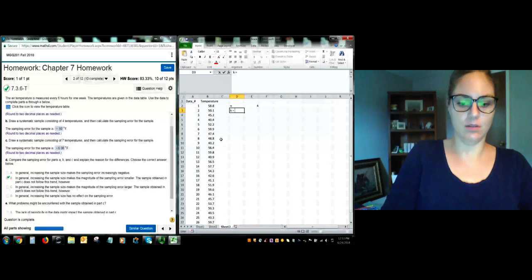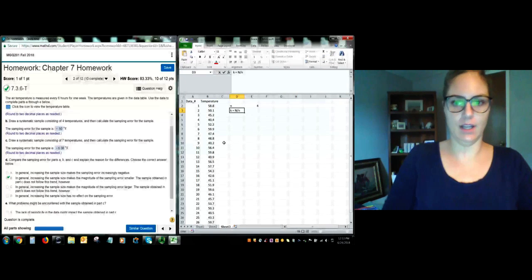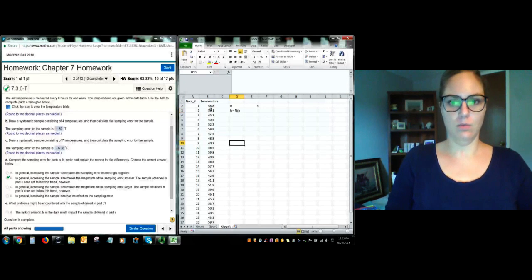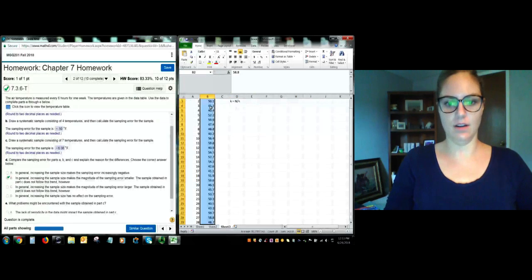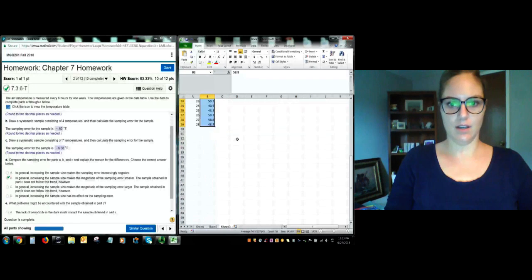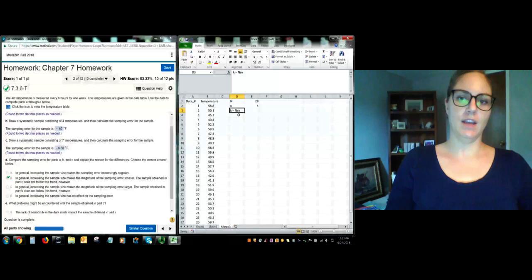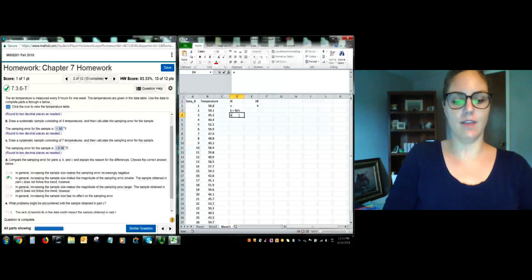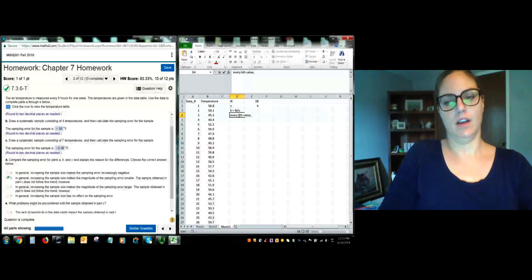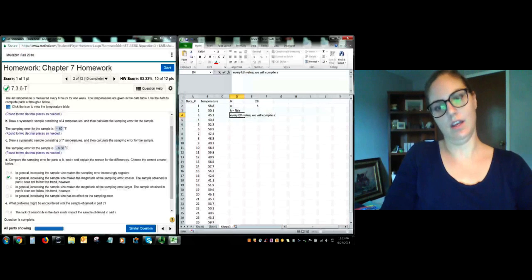Remember that k is equal to big N over little n. And if I know what big N is, go down here, it's looking like it's 28. So if I know that big N is equal to 28, I can figure out what k is going to be. And remember that k is for every kth value, we will compile a sample from those values.